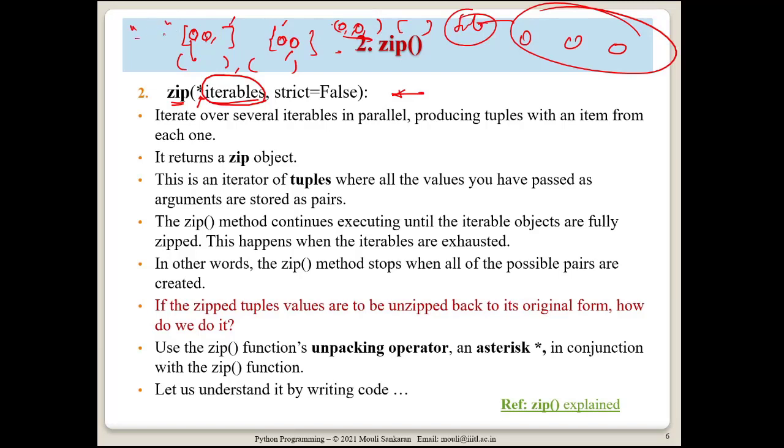So zip takes multiple iterable objects and goes through each of them. It gets the first element of all of them and forms a tuple. Then it looks at the second element of all the iterable objects, and goes on like this. So zip is something like that.